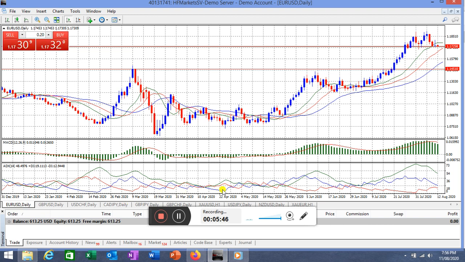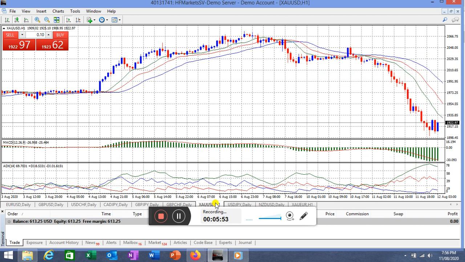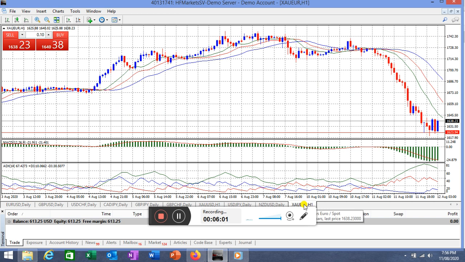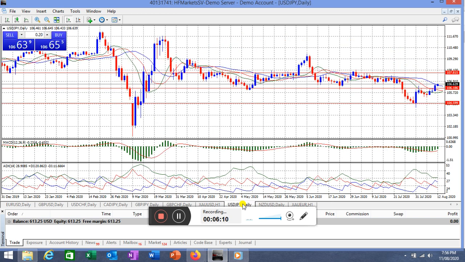So I looked at quite a number of pairs, as I said, and then of course I looked at the spot gold from the US side, right? The spot gold is pretty similar on the Australian. I think this is the Australian spot gold as well, but this is the one I pretty much was looking at.